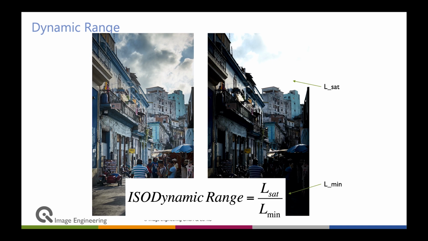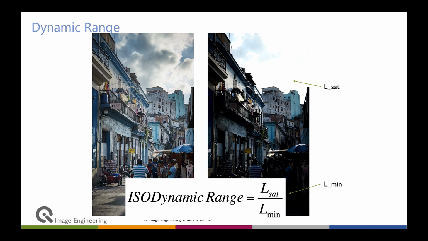As soon as you reach saturation, the maximum of your digital encoding, in let's say an 8-bit image, it's 255, you can add more and more light in the scene, but you're not capable to capture it. You lose the information. So there is loss of information as soon as you reach saturation.